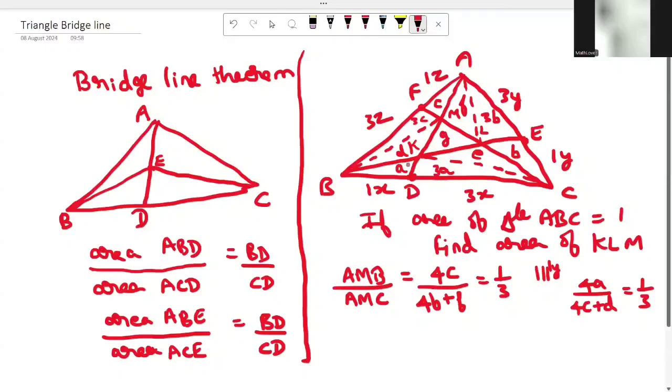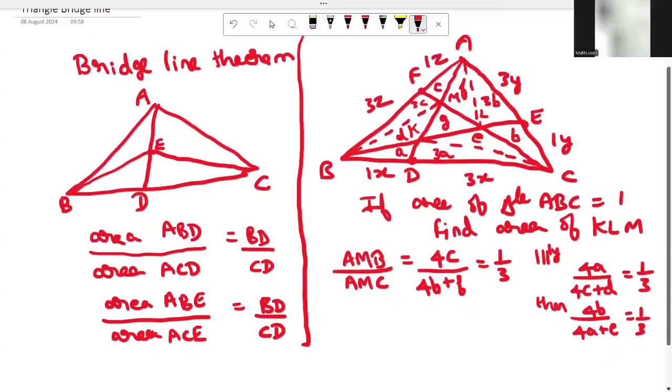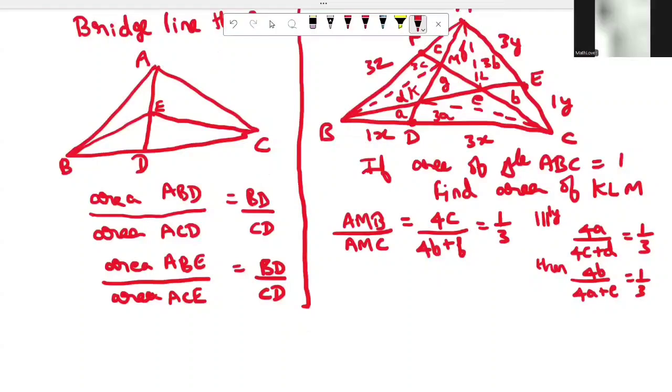If I consider with respect to point L, then I will have 4B by 4A plus E equal to 1/3. Since these fractions are all equal, they are equivalent fractions, all equal to 1/3. In equivalent fractions, if you add their numerators and divide by the sum of the denominators, that will also be equal.